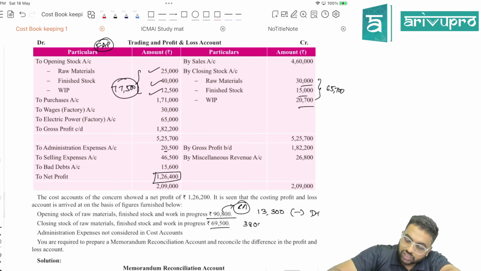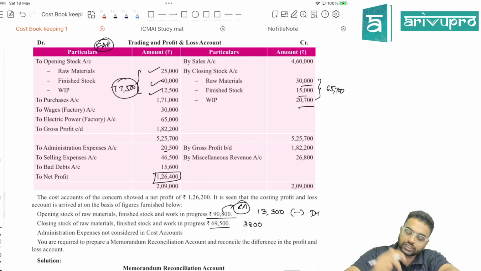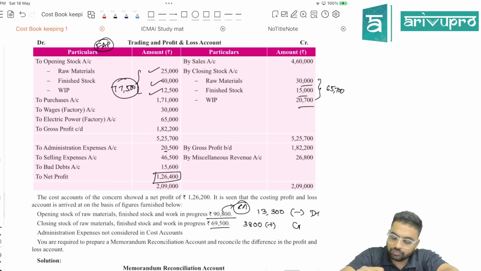Okay, sir, 3,800 more we are showing. More means more profit or less profit? Of course, more profit. More profit in the cost account. What should we do to the profit in the financial account, sir? Increase. Add. Add means debit or credit, sir? Credit, because we started with the credit side.